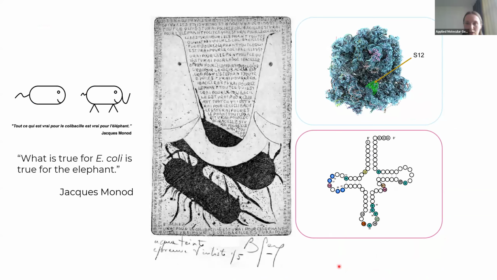And in conclusion, I want to end with the words of the famous microbiologist Jacques Monod: what is true for E. coli is true for the elephant. Fundamental biochemical and genetic rules of life are universal across all organisms.